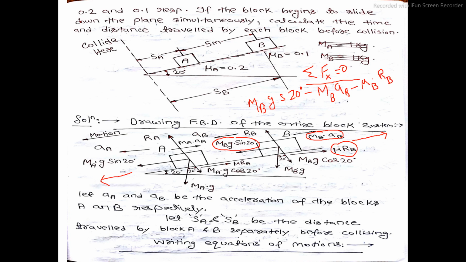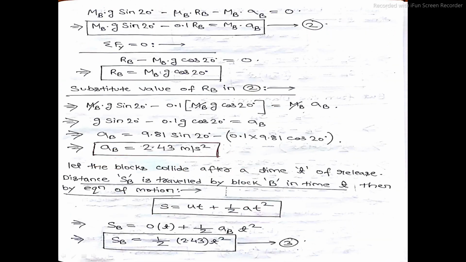No other forces are present along x direction, so it will be equal to 0. So we are having mbg sine 20 minus mu b rb minus mb into ab is equal to 0.